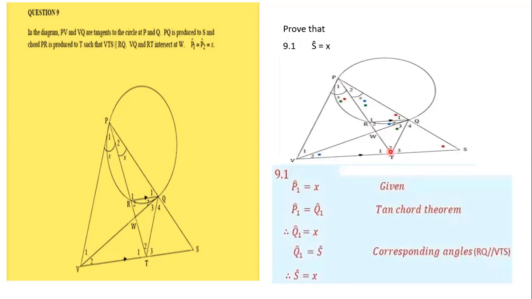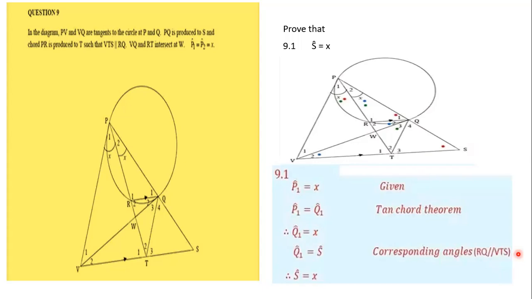So now we know that we have our Q1 as X. Q1 is equal to angle S because they are corresponding angles.